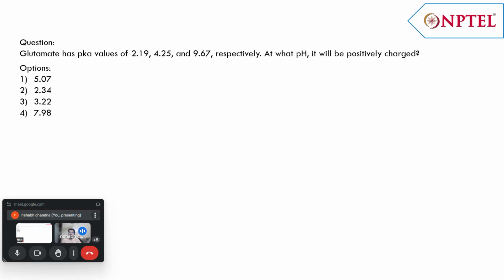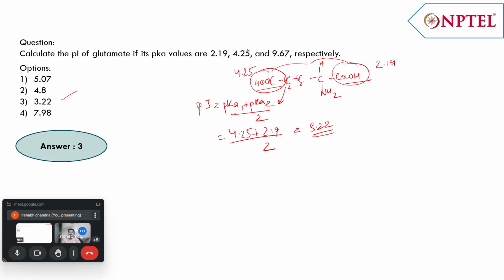Similarly, if we have histidine or any other positively charged amino acid, then the pI would be the average of the pK values of both.